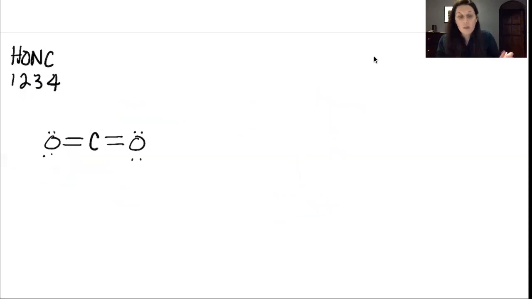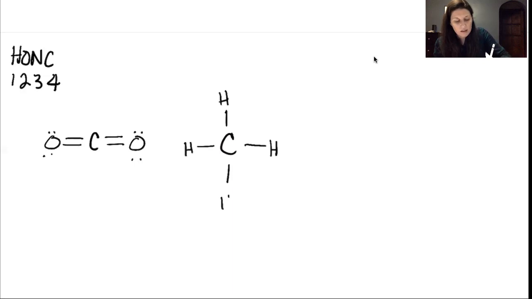Another molecule that you are going to see over and over again is methane, or CH4. CH4 has a carbon in the center with four single bonds to hydrogen. Again, each hydrogen in our methane molecule has a single bond, so it's still following our H and 1.